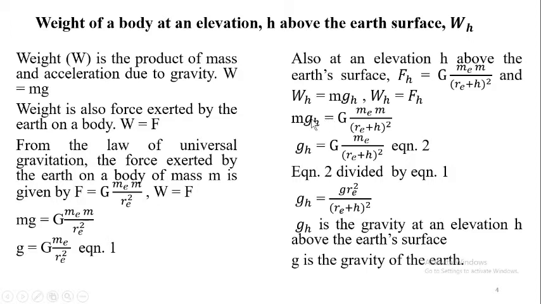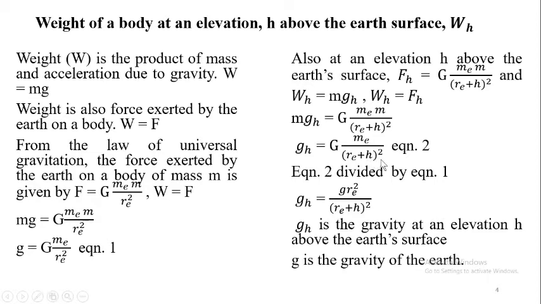And then when you do that, you equate WH equals FH, that's m gh equals G M_E times m all over (R_E plus h) squared. Then when you do your mathematics well, you will get an expression for gh to be G times the mass of the Earth over the radius of the Earth plus the elevation of an object all squared.